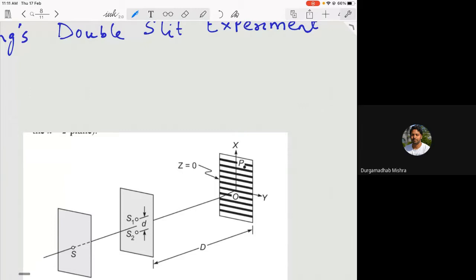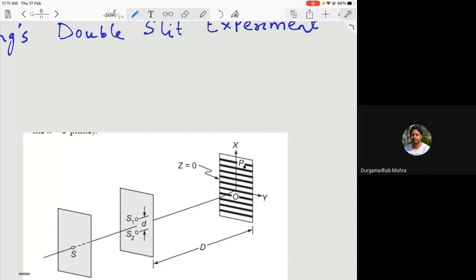So through a pinhole, the light passes through a pinhole, and then he exposed two other pinholes, S1 and S2, which are separated by a distance d, and on a photographic plate which is at a further distance capital D.